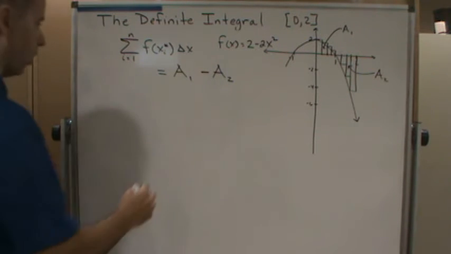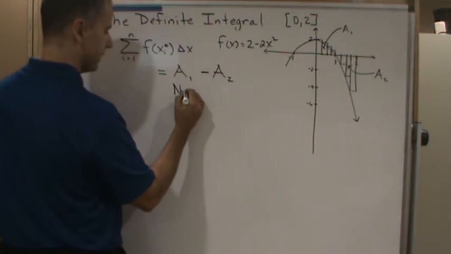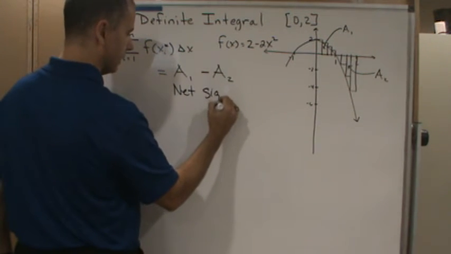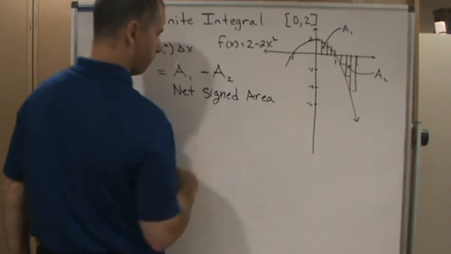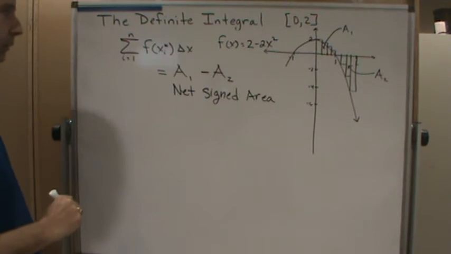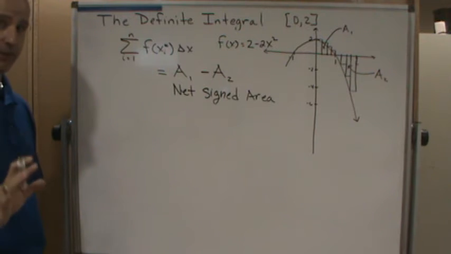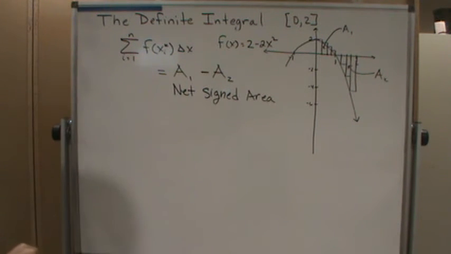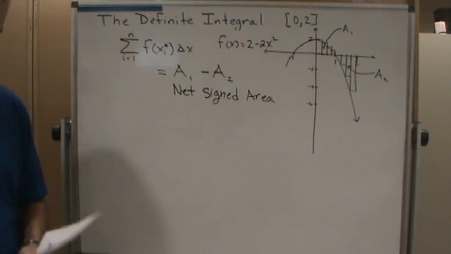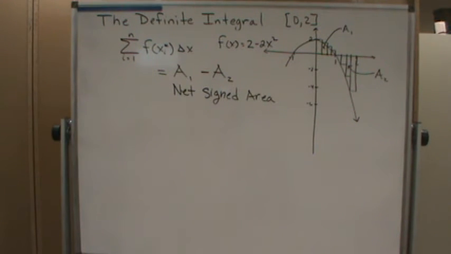So this is called net signed area. Okay? Now that's different than total area, which we'll talk about later or next. But this is what we have to do.